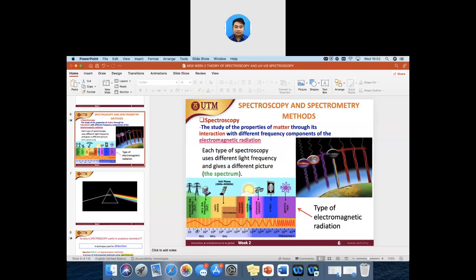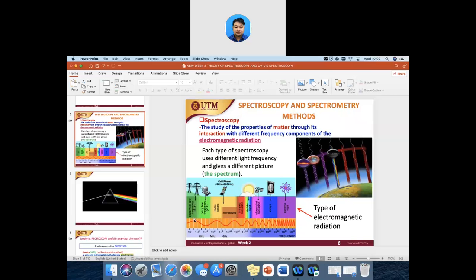For example, this extremely low frequency, ELF, you can see that from this top part to another top part of the same type, it is much longer.